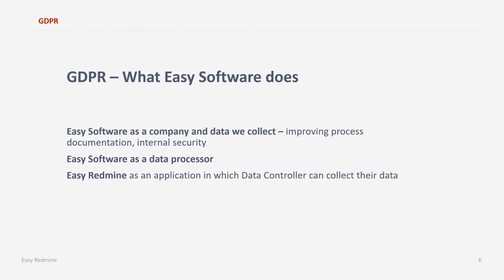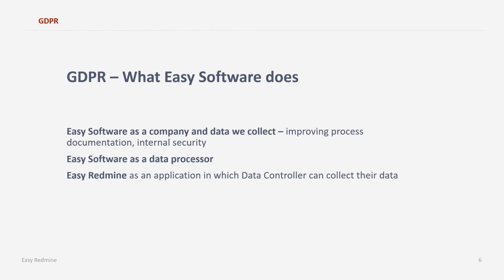At Easy Software, we had to implement GDPR in a couple of ways. First, we collect some data, so we were improving processing, documentation and internal security as well. We took it seriously here. As a data processor for you, our cloud clients, we now already have a data processing agreement.